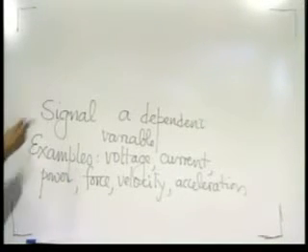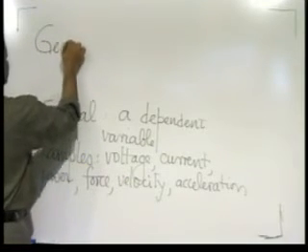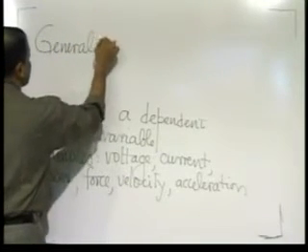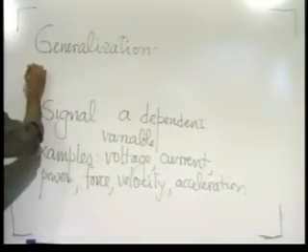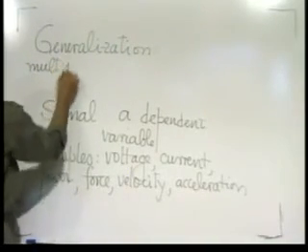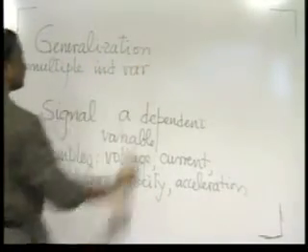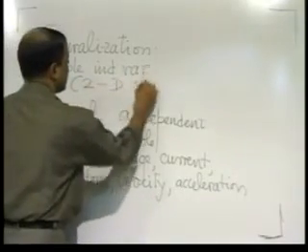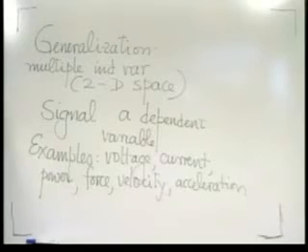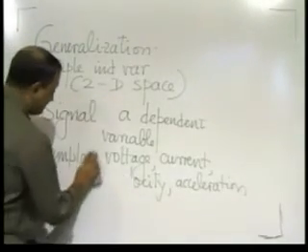So, a generalization: multiple independent variables, for example, two-dimensional space. In that case, the signal is still a dependent variable. What is the example then? An image.